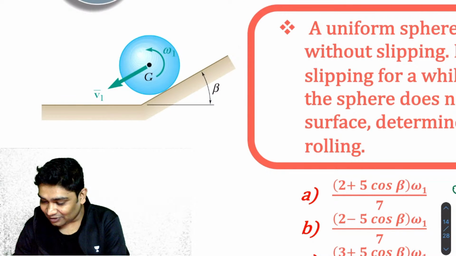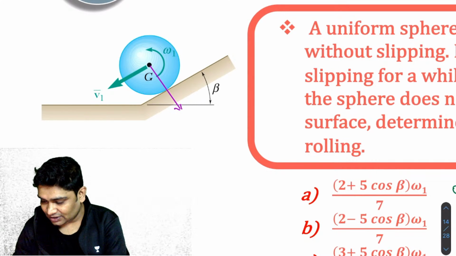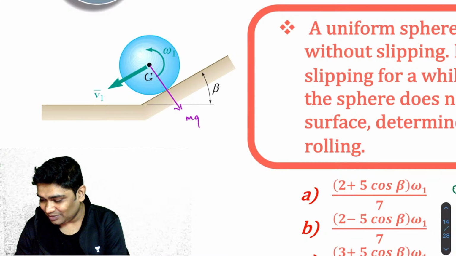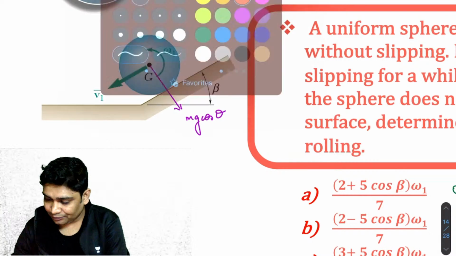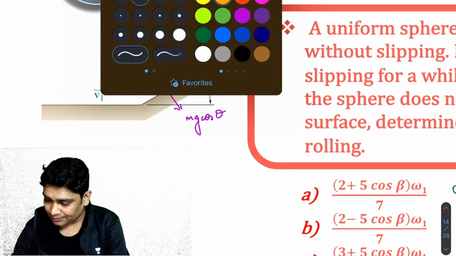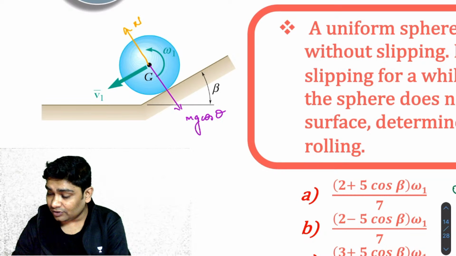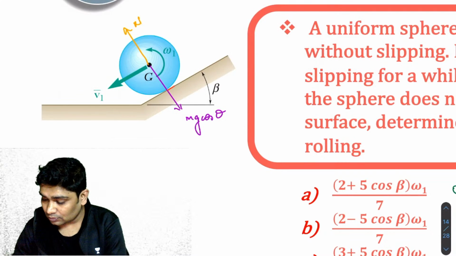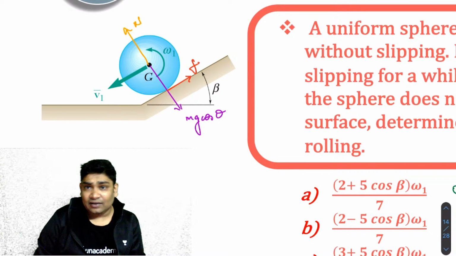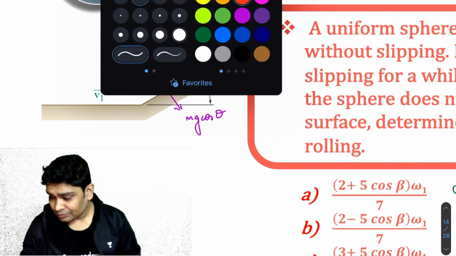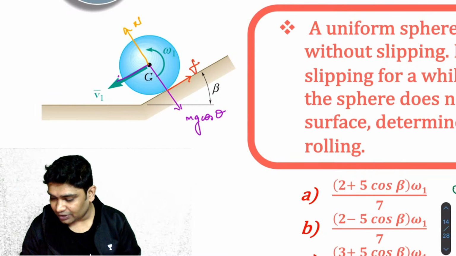So if I draw the FBD, notice that here you would have had N, then you would have had friction, something like this, and of course mg sin theta. This is what the FBD would have looked like.